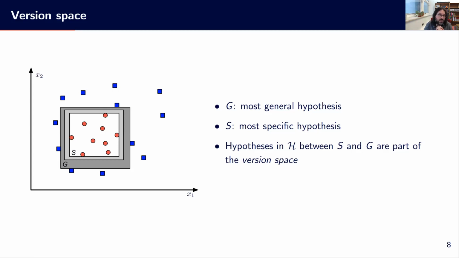We can see here different versions of the classifier, different possibilities. If you look at the three boxes, we have the biggest one, which is called G, and the smallest one, which is called S. And we have one in the middle, which is not called anything, but it corresponds to the light gray space plus the white space.